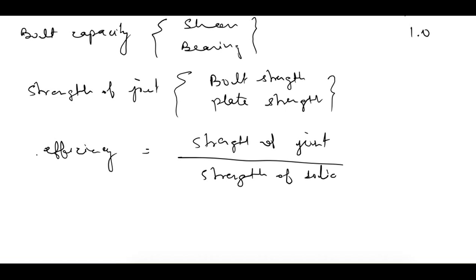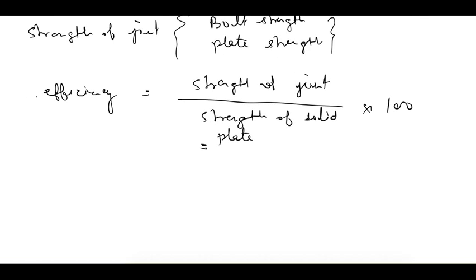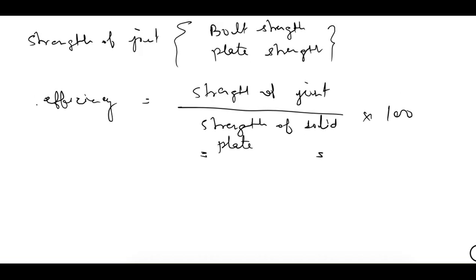That means what is the level of efficiency we have achieved with respect to the strength of solid plate, and this strength of the solid plate is governed by yielding of the solid plate. So we'll later take one example for that.